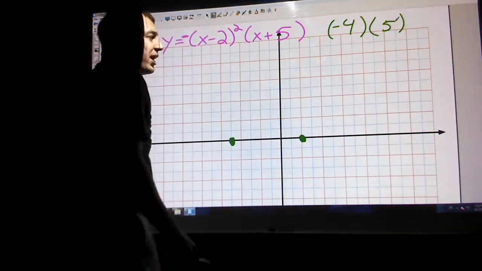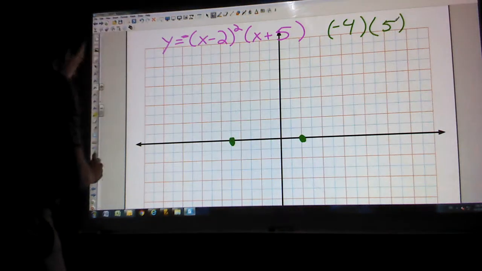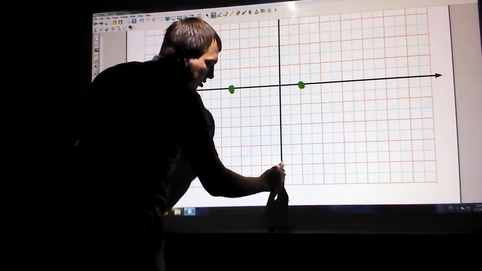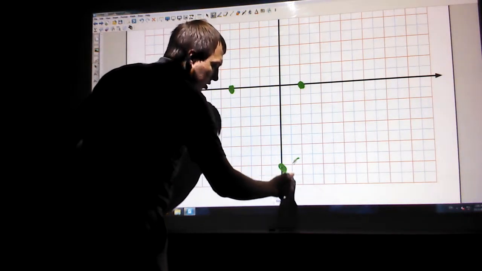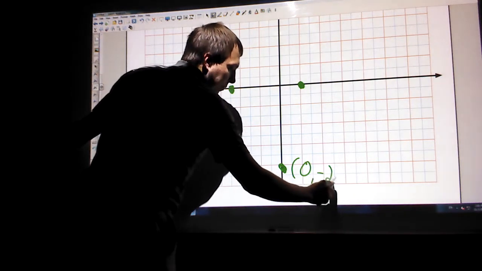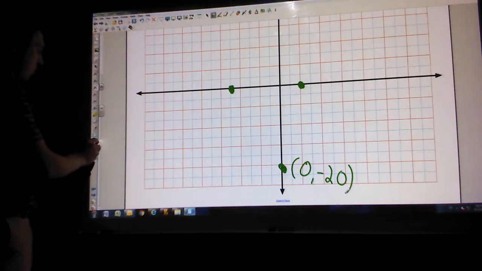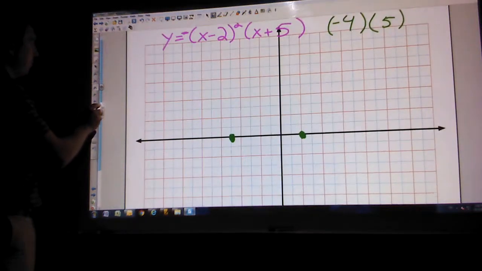Multiply those two together, and I get -20. You do not need to go all the way down to -20. You could simply do this and say, oh, this is 0, -20. Again, I plugged in 0 for x to figure out the y-intercept.